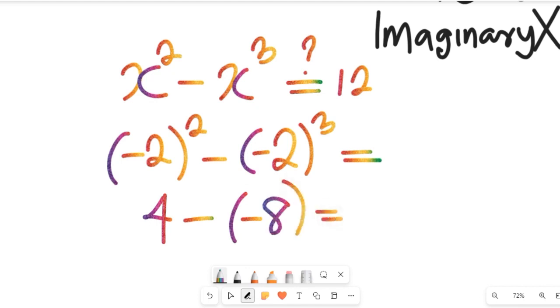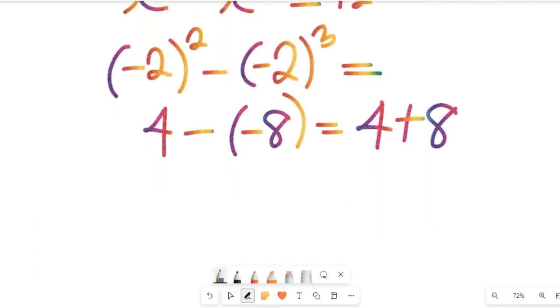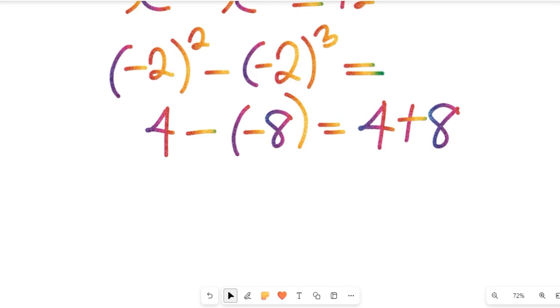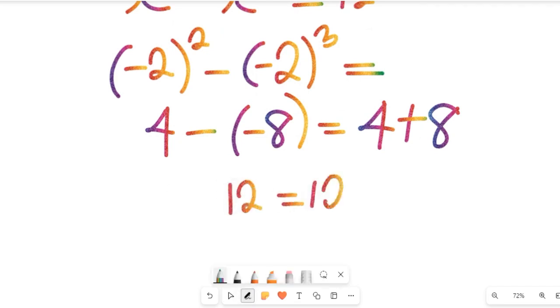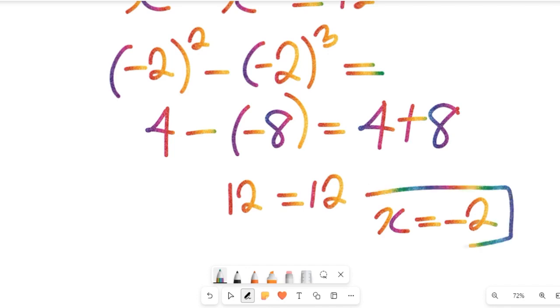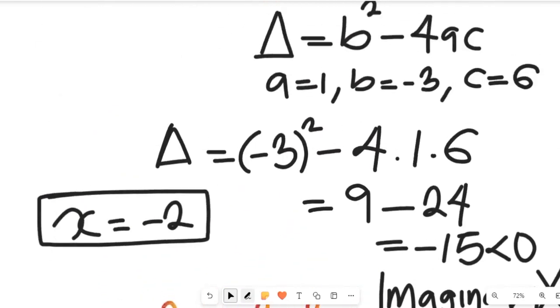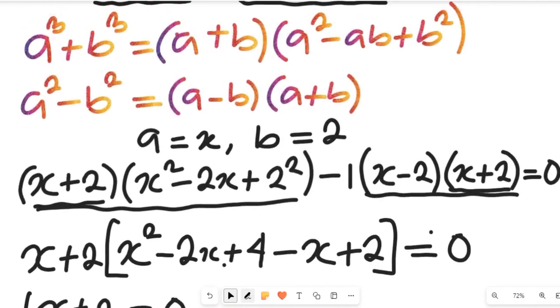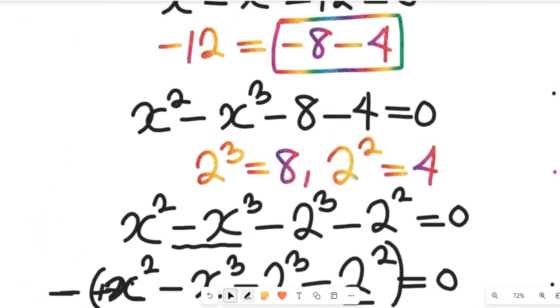Negative times negative gives us a positive 8. So 4 plus 8 gives us 12. So what do we have there? 12 on the left hand side is equal to 12 on the right hand side. So that tells us that x equal to negative 2 is the only real solution that satisfies that exponential equation that is given to us, which is a polynomial expression.